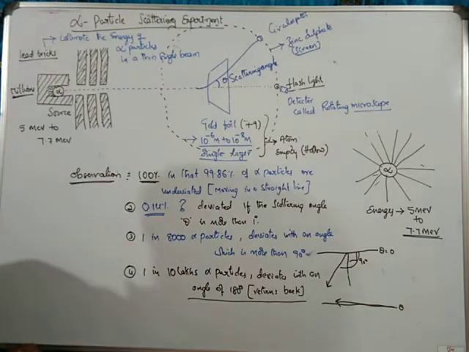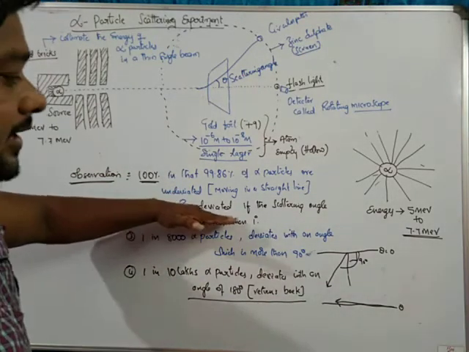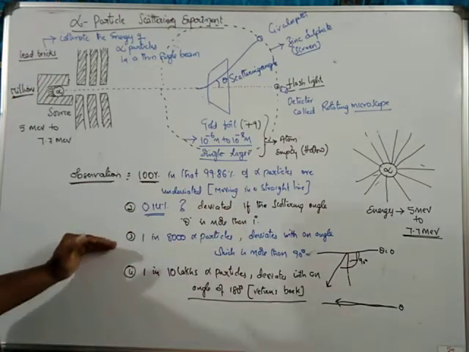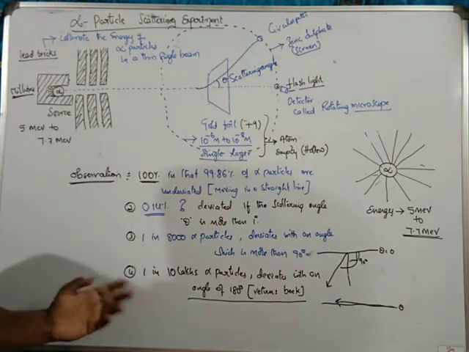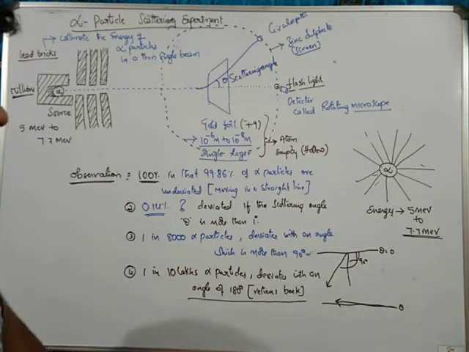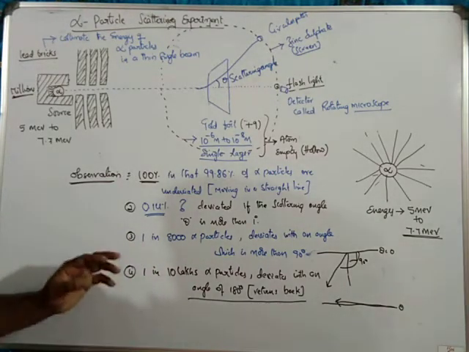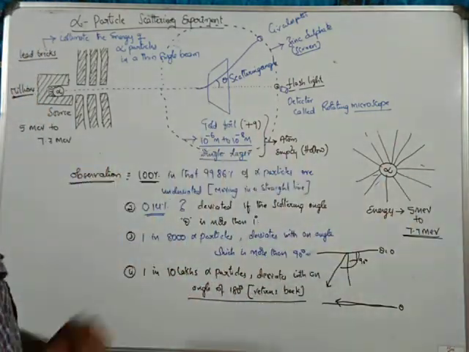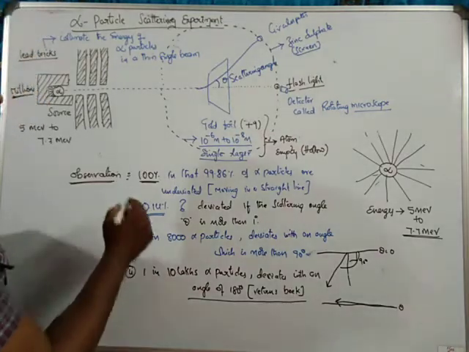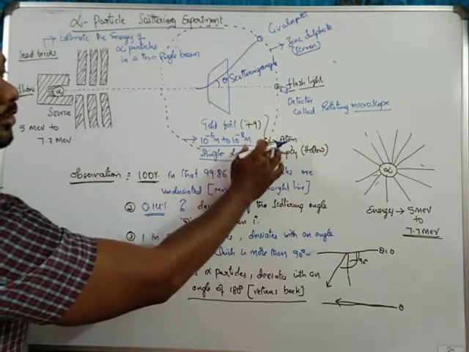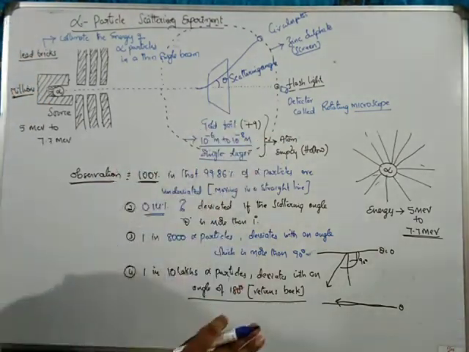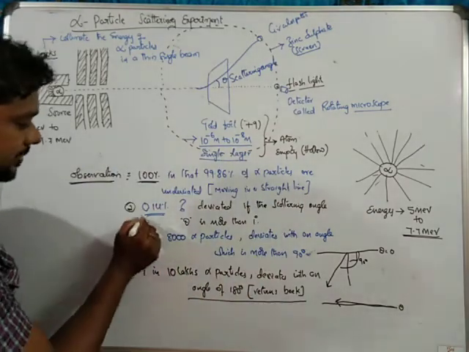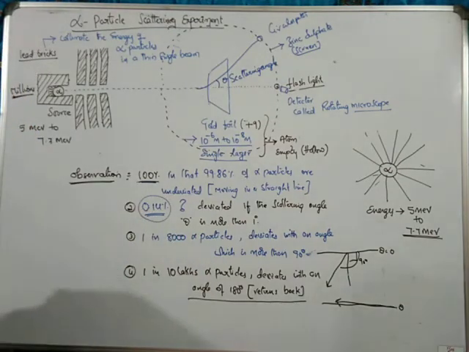But the remaining 0.14% deviate if the scattering angle theta is more than 1 degree, and 1 in 8,000 alpha particles deviates with an angle more than 90 degrees, and 1 in 10 lakhs alpha particles deviates with an angle of 180 degrees, which were moving in a straight line. Again it comes back. But generally whenever we consider hollow, there is no obstruction. So all the particles move in a straight line, but the remaining 0.14% are deviated.